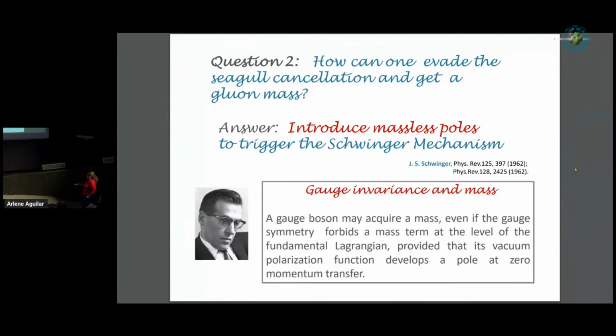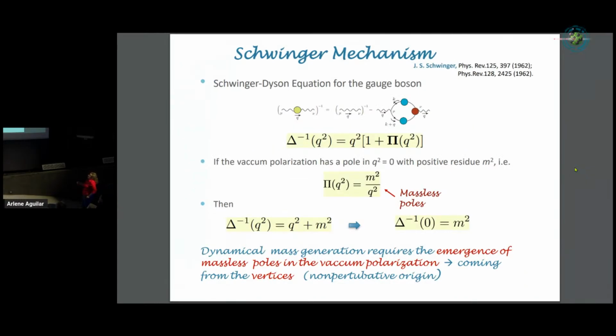What is he saying here? He's saying basically the following. If I have the vacuum polarization, pi here, and the vacuum polarization develops a massless pole of this type, 1 over q squared, I replace my vacuum polarization here in the propagator, and then what I get in the limit of q going to 0 is something with mass.